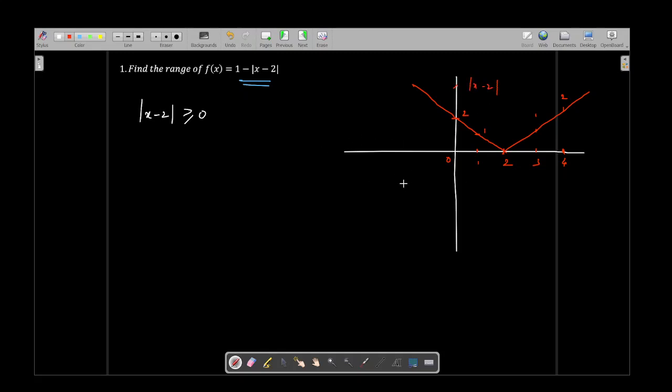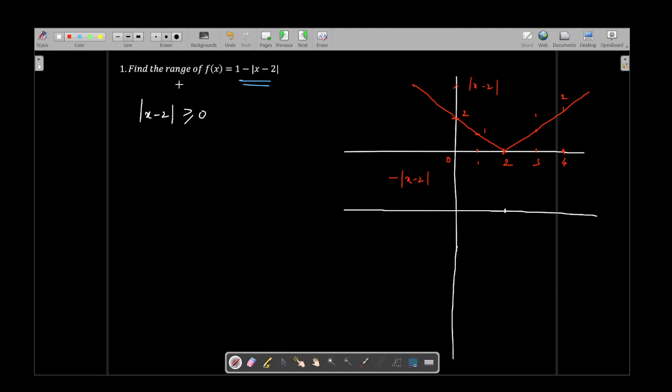Next I need minus of mod x minus 2. So how to do this? Let me take this and extend this. If I take minus of mod x minus 2, every positive value becomes negative.